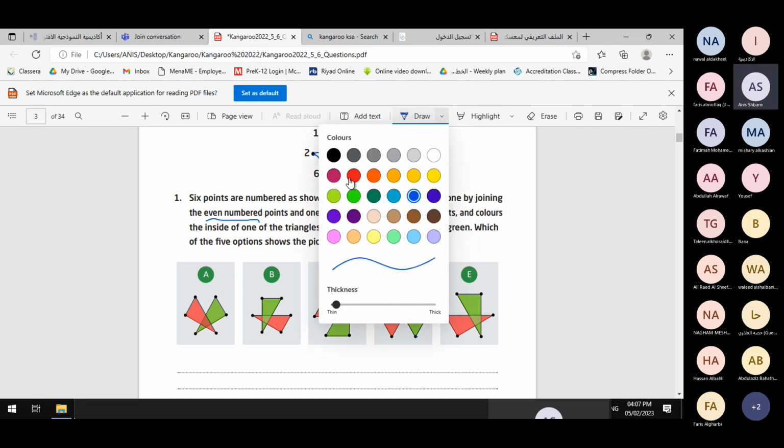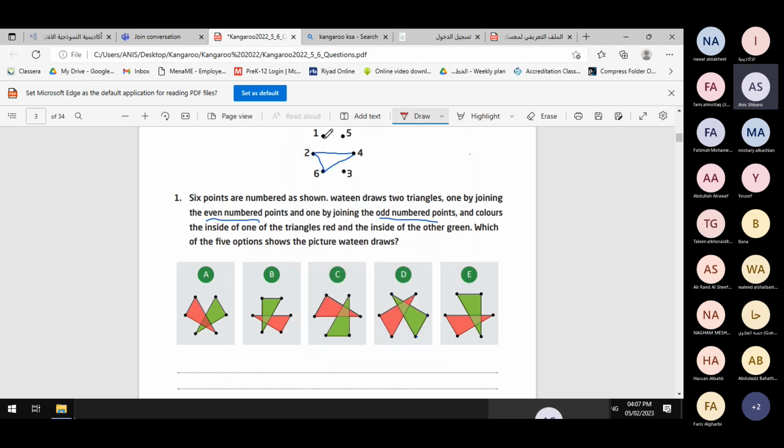And for the odd numbers, we're going to change the color to make it clear: 1, 3, and 5. So of course, this is the shape. We are going to compare it. Of course, it's not A. 1 and 5 are not joined in A, and we're going to B, and of course, no.